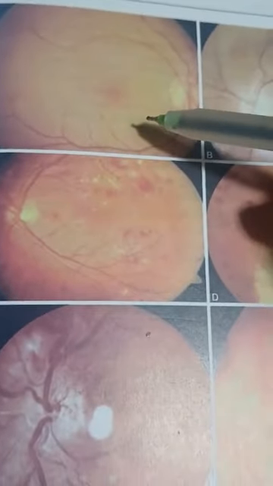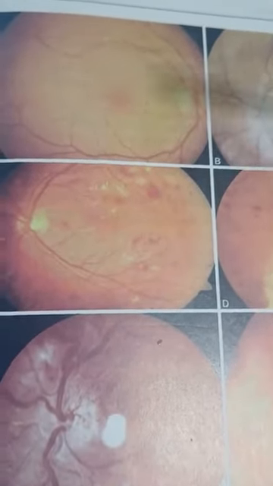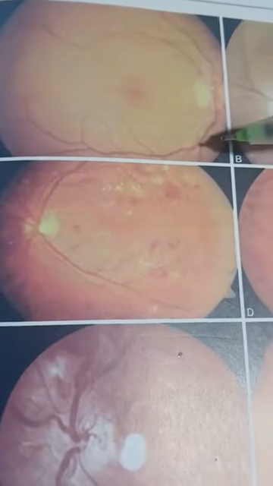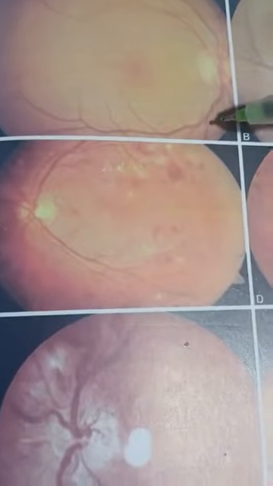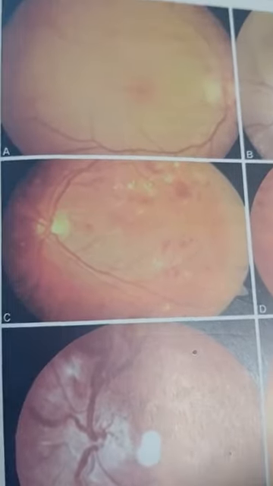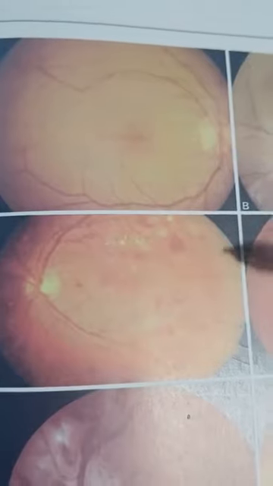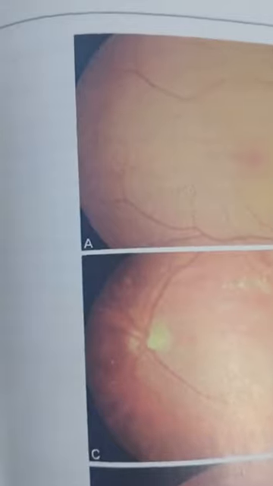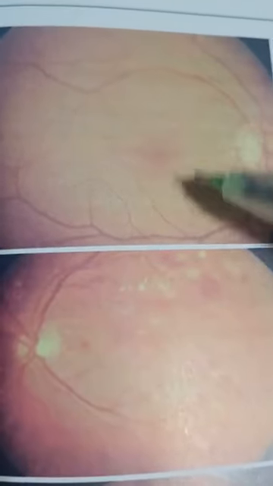What is NPDR? Non-proliferative diabetic retinopathy, right? So this is the mild NPDR. What you can see in this diagram, 1 microaneurysm. What is aneurysm? That is dilatation, right? So you can see over here there is 1 microaneurysm or dilatation which is present.